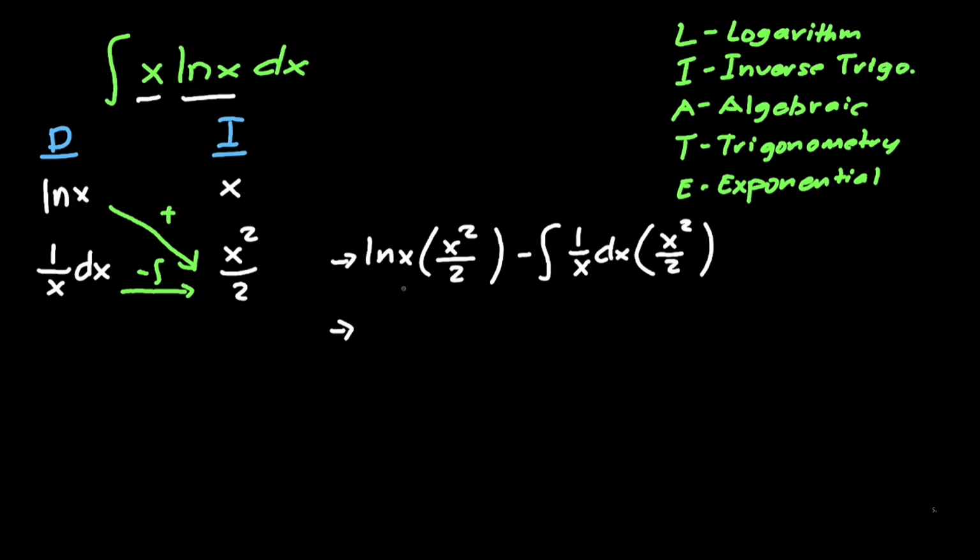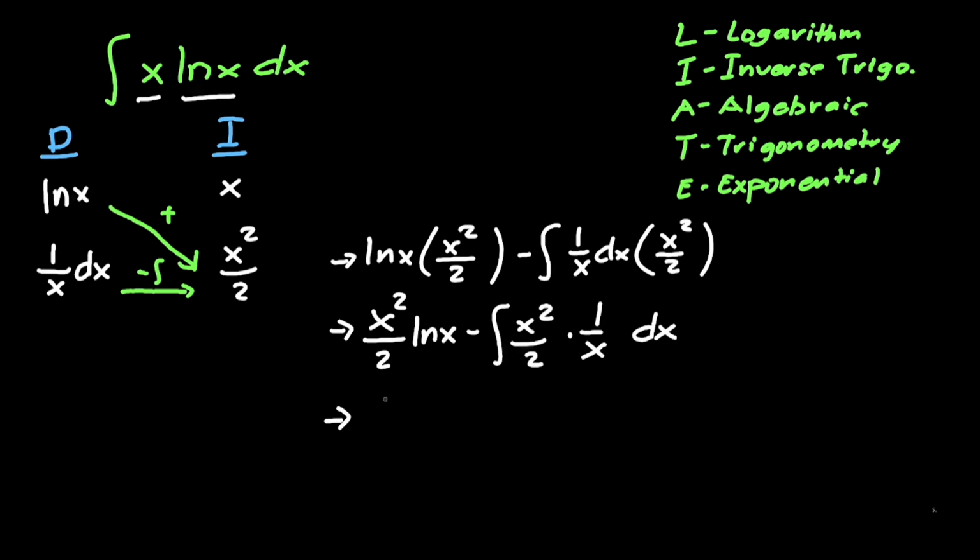So, simplifying this, it will become x squared over 2 ln of x minus, let's just rewrite this integral, x squared over 2 multiplied by 1 over x dx.